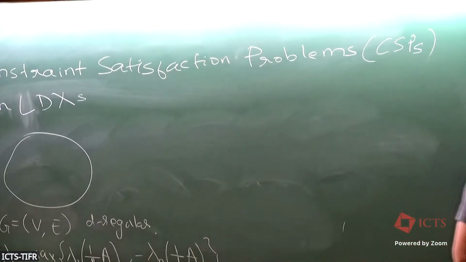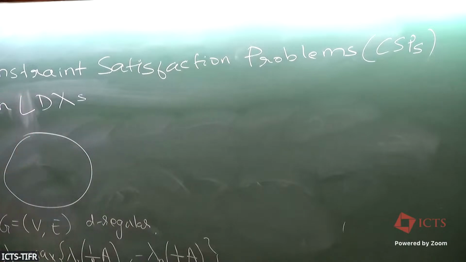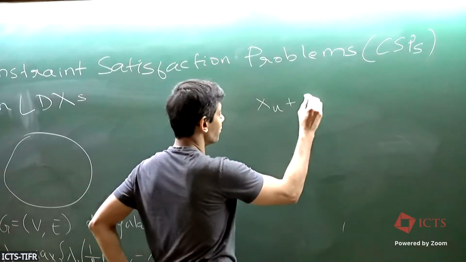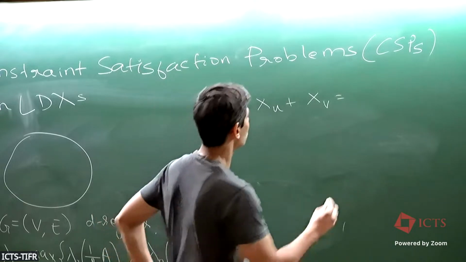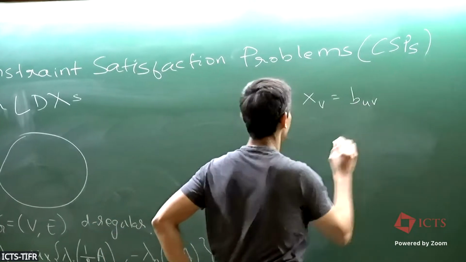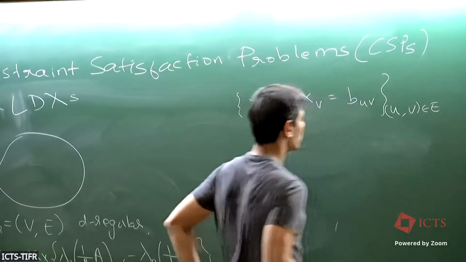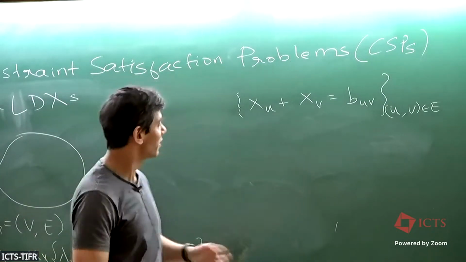And now we have equations on the edges. Let's say some bit. Is the model okay? The goal is still the same, satisfy as many as possible.